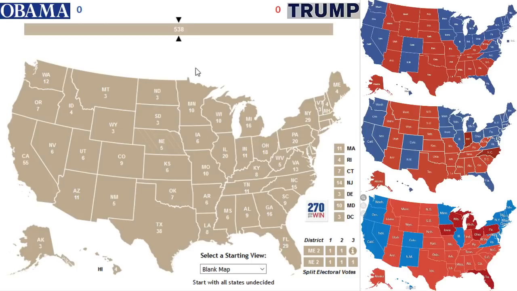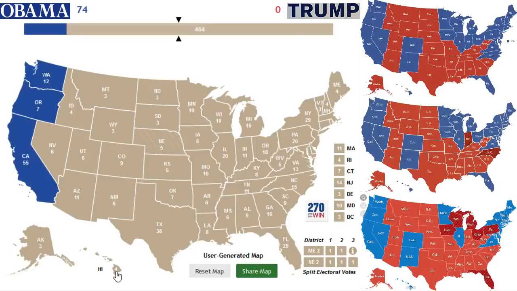So that means we're going to be giving him Washington, Oregon, California, Hawaii. And the reason that we don't see Obama doing worse in any of these states than Clinton is based basically purely on the fact that his approval numbers are so much better than Clinton's, about 20 to 30%, depending on what poll you're looking at.